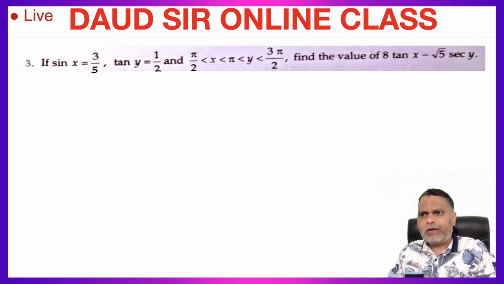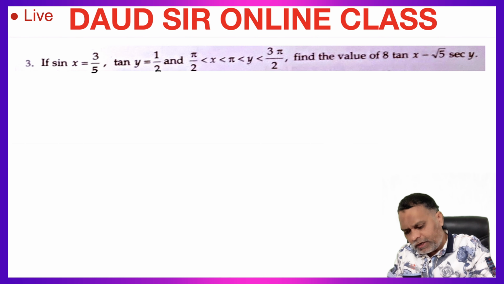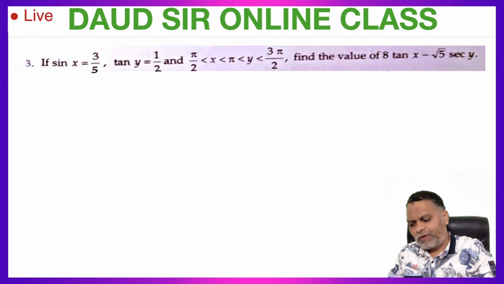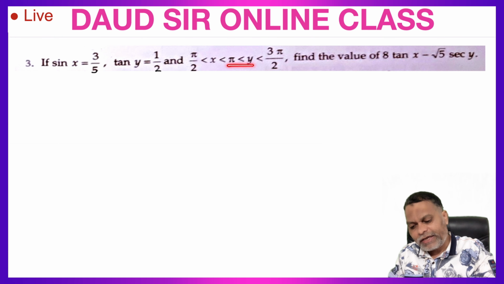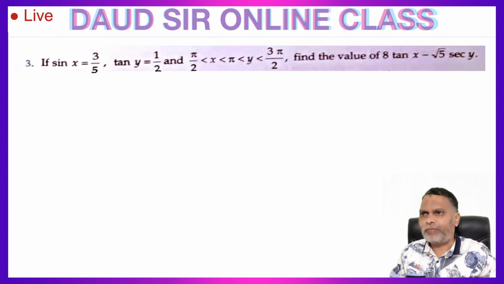Question number 3. If sin x is equal to 3 upon 5, tan y is equal to 1 upon 2, and x is greater than pi by 2 and less than pi, and y is greater than pi and less than 3 pi by 2, this condition is given. Find the value of 8 tan x minus root 5 sec y.